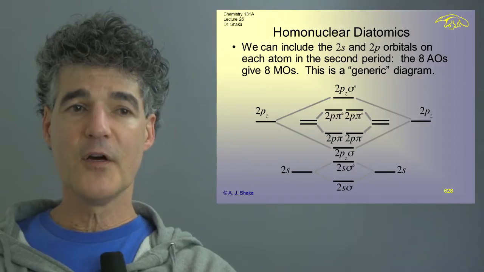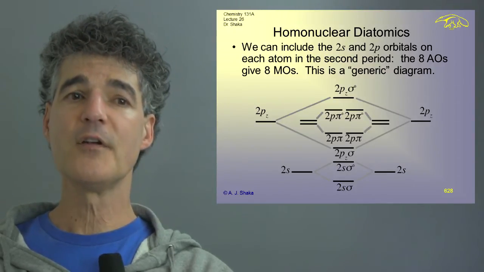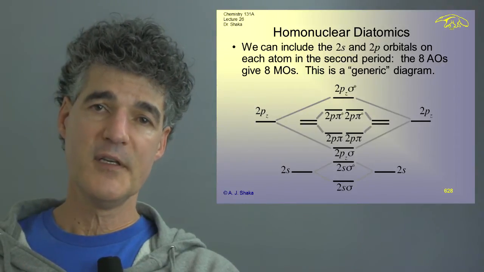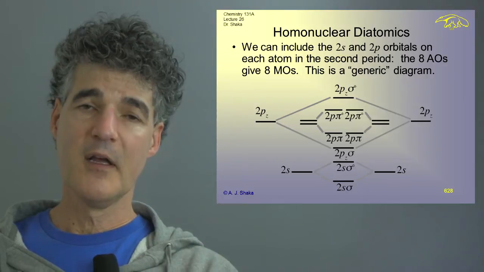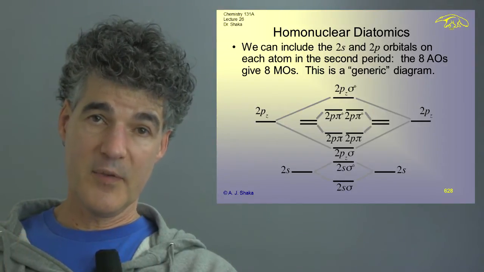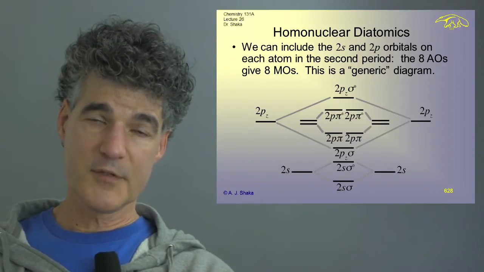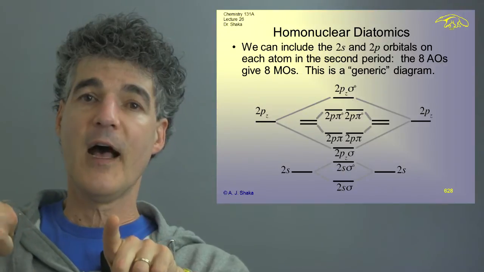There's a good and bad combination of the 2s. There's a good combination of the 2pz that's overlapping. All those have sigma symmetry. There's the py and the px, and that forms 2 pi orbitals. And then there are 2 where they're out of phase.